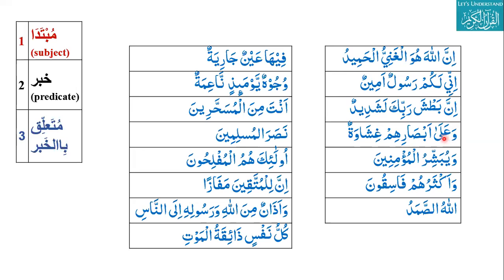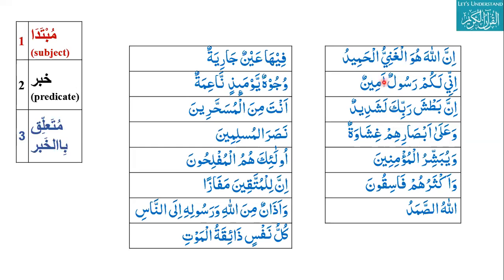So we have jar, this is a jar majroor combination. And then him is mudaf, here this him is an attached pronoun. And on the top is Rasulun Aminun, is it Sifa Masuf?